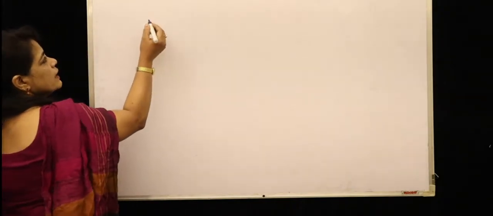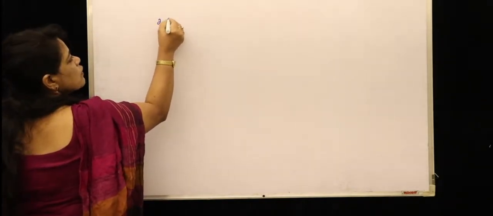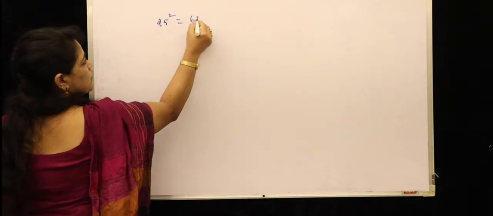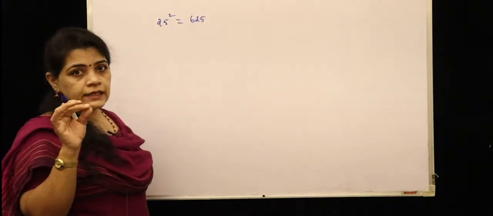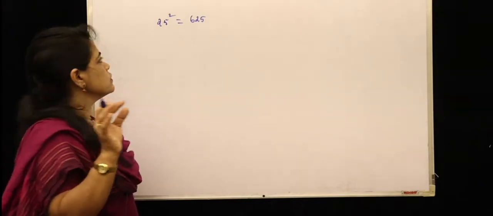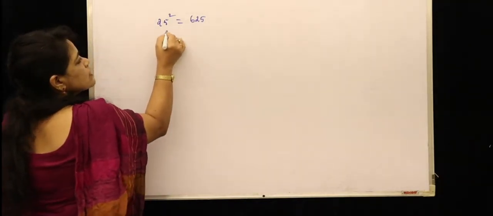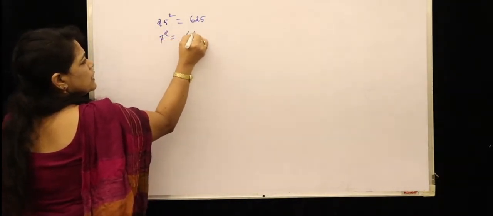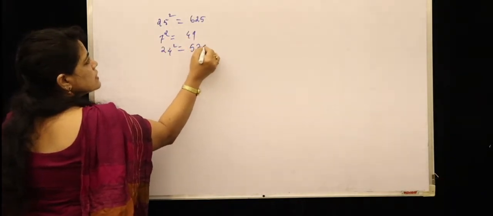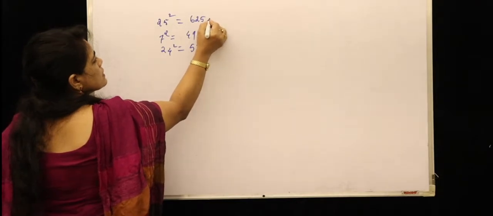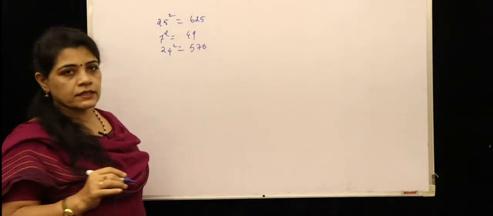We can write down first 25 square. We know that is 625. Children, please learn the square numbers up to 30, at least 1 to 30 the square numbers we should know. And 7 square is 49 and 24 square is 576. Okay, this is in centimeter squared units.